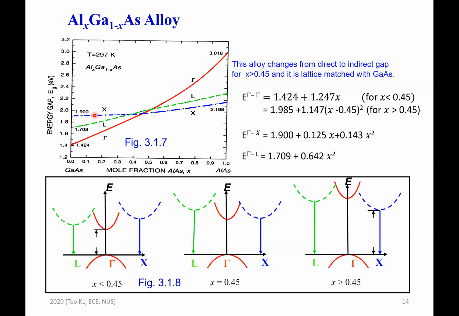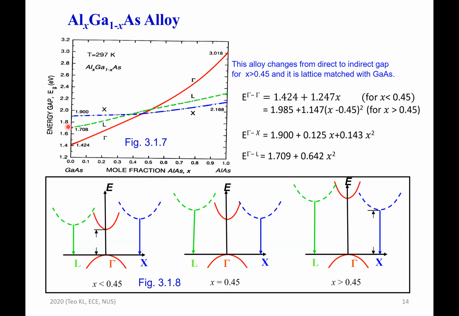This is the X value, the energy gap of the X valley with respect to the top of the valence band. So we represent it as gamma dash X. Again, the first gamma refers to the top of the valence band, and the second symbol X refers to the bottom of the conduction band, and it is represented by a quadratic equation in x. So it can be fitted by an x squared dependence.